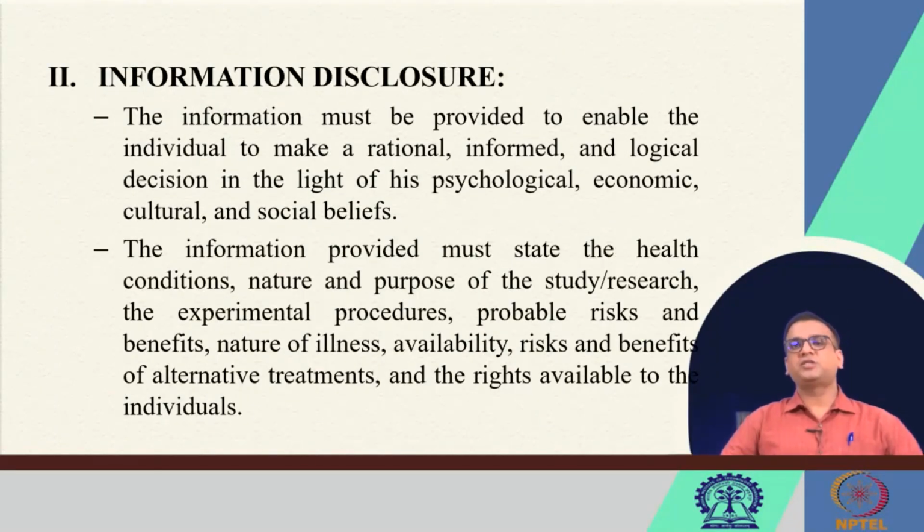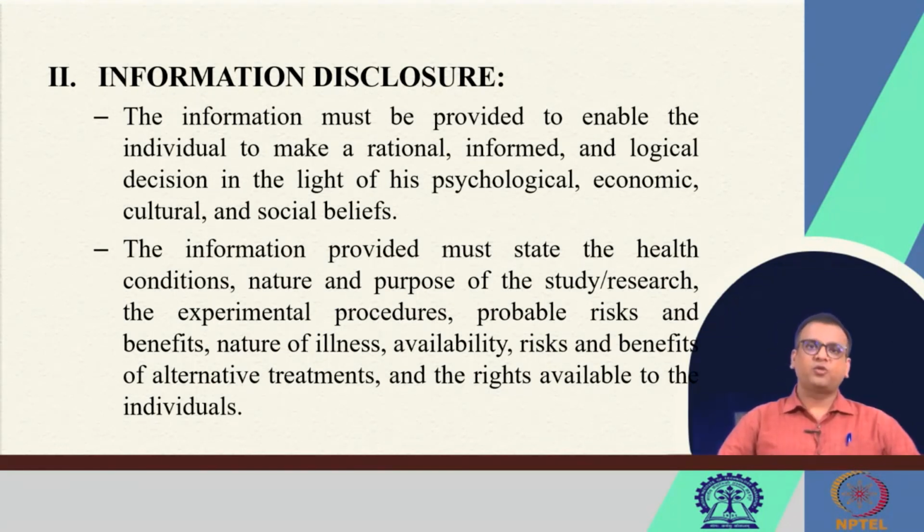Second, information disclosure. The information must be provided to enable the individual to make a rational, informed and logical decision in the light of his psychological, economic, cultural and social beliefs.